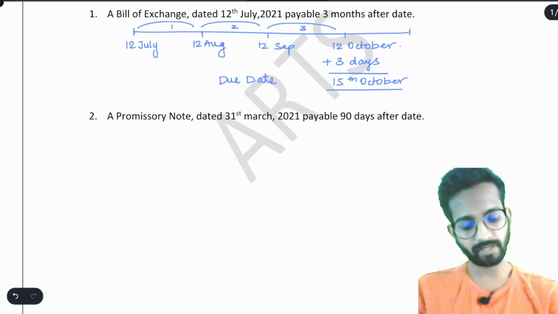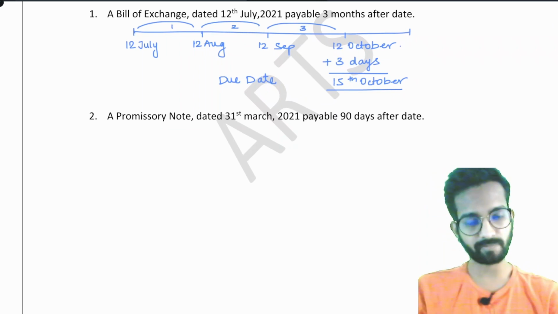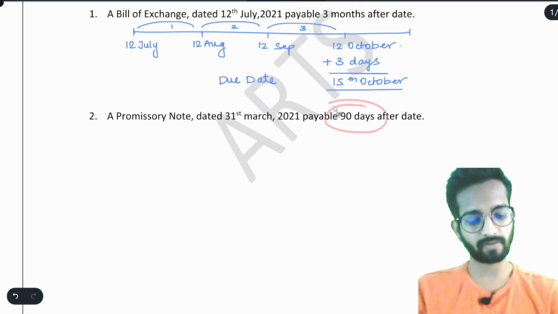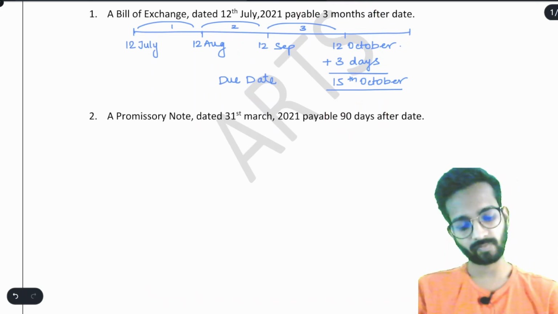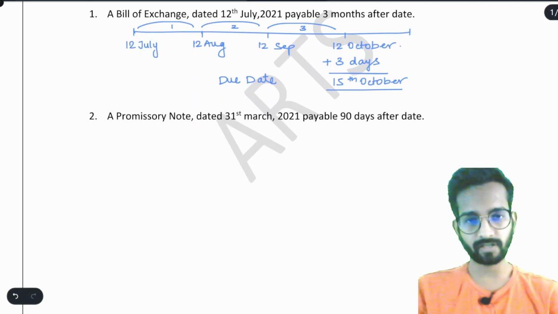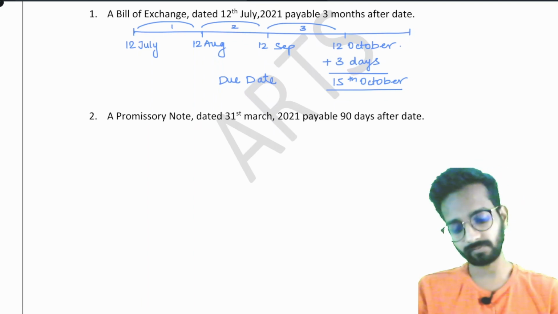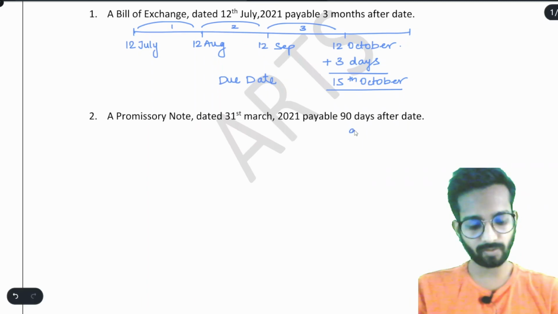Now solving the second capsule. A promissory note dated 31st March 2021 is payable 90 days after date. See, if it is mentioned in the question that you are supposed to calculate months, then calculate months. If they are saying 90 days, then we have to calculate according to days. How will we calculate days? See, 31st March 2021 is given. That day you are supposed to ignore. What is the next day after 31st March? 1st April. Now I want totally how many days? 90 days. March is gone.